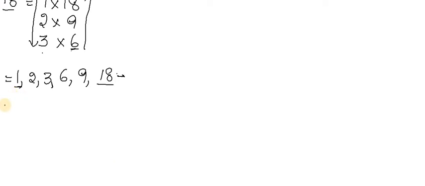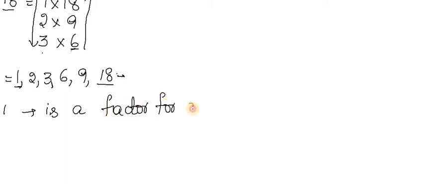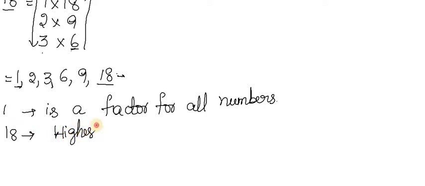Remember this. 1 is a factor of all the numbers, because in the 1 table you will get all the numbers, and whatever number they are asking, that is going to become the highest factor, otherwise you did it wrong. Okay, this is about the factors of 18.